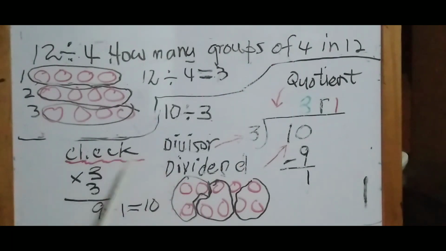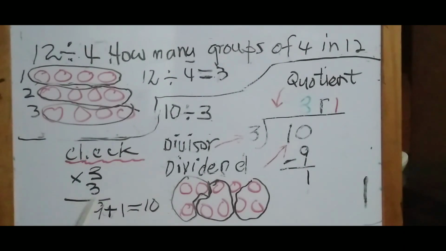Now, you can check the answer to see if it is correct. And this is how you check it. What you do, you multiply the divisor by the quotient, and you are supposed to get back the dividend. If you don't get that when you multiply, then something is wrong with your answer. You need to check it again. So in this case, the divisor is 3 and the quotient is 3.